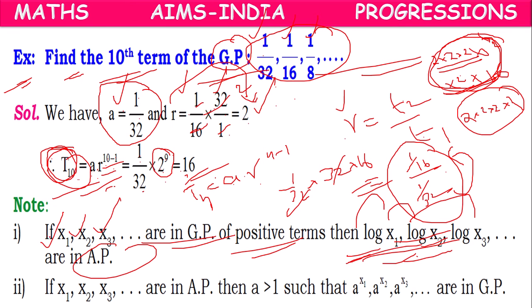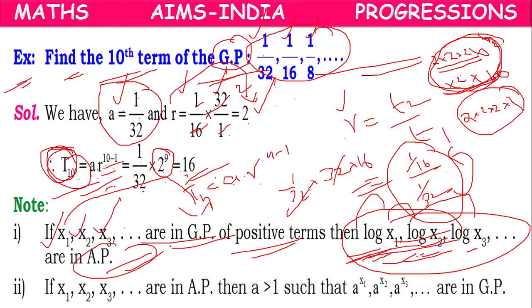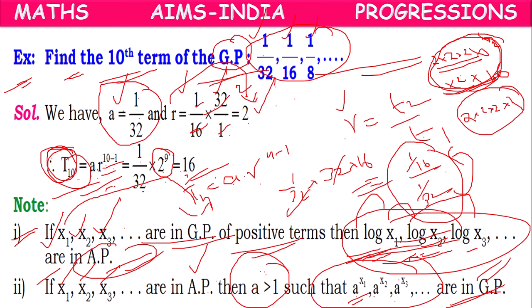So you just have to remember, if the given sequence is in GP, and you take the logarithm of each term, then the resulting sequence will be in AP. And if x1, x2, x3 are in AP such that a is greater than 1, then a power x1, a power x2, a power x3 will be in GP. These things you have to keep in mind.